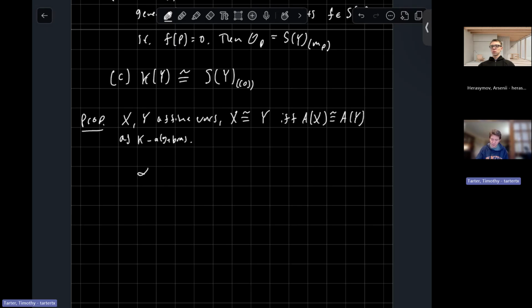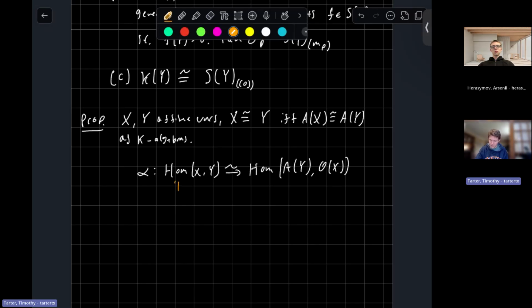And this is accomplished by alpha from the morphisms X to Y being isomorphic to the homomorphisms A of Y to the ring of regular functions on X, where the left hom is variety morphisms, and the right hom is k-algebra morphisms.